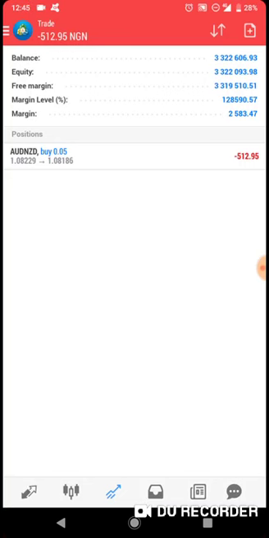Now, look at this. I entered the trade at 1.08229. Now, I know that we calculate pips from the fourth decimal place, which is 2. So that's 1.0822. So the 2 there is where my counting starts from. Now I'm thinking, if I want to move this into profit, what amount should I use?